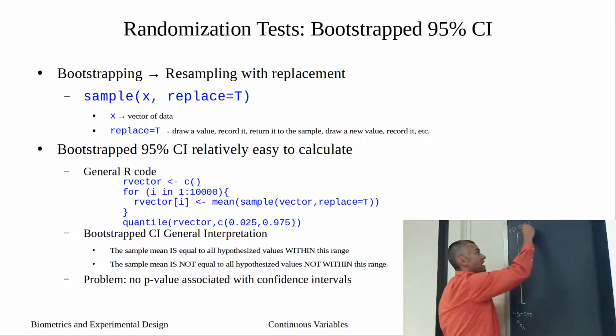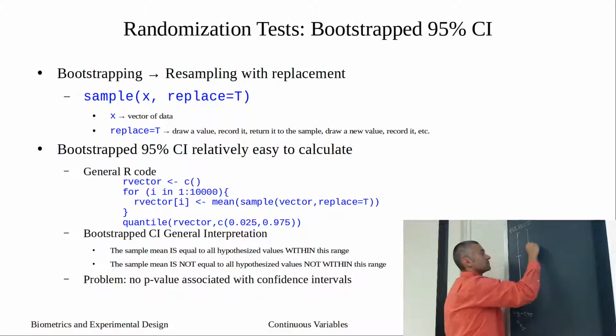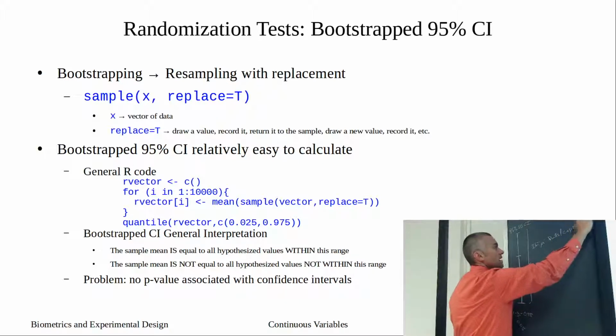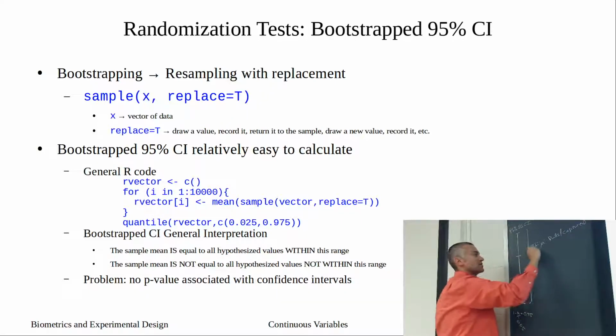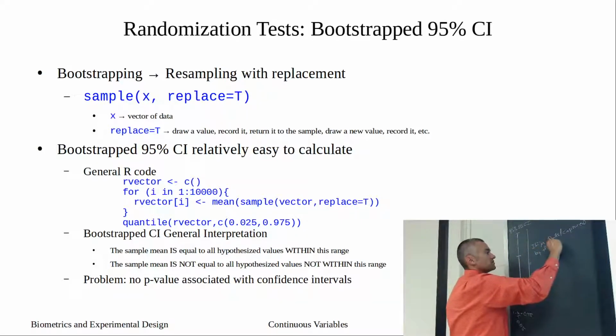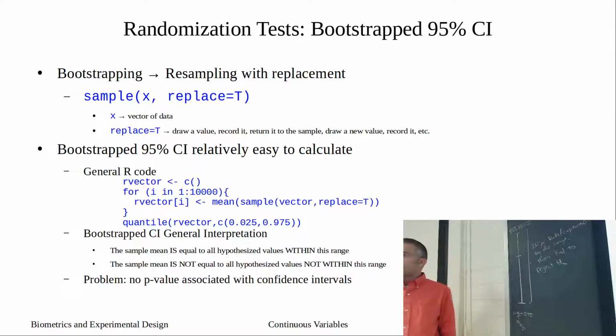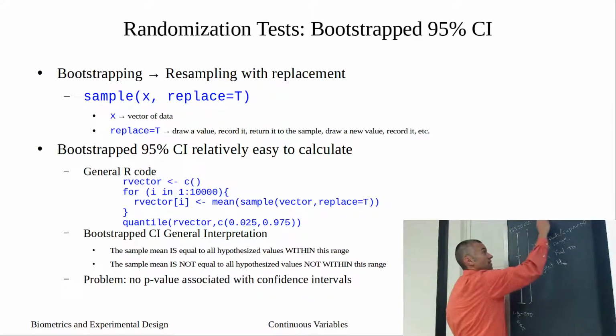So if our value falls within this range, I'm going to say captured by this range, then we fail to reject our null hypothesis. And just as a quick guide, what is our null hypothesis? Our null hypothesis is that our sample mean is equal to our hypothesized mean.